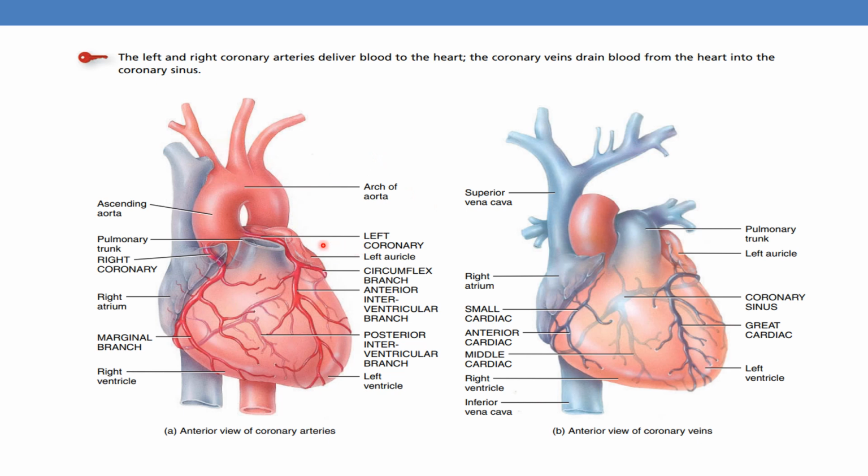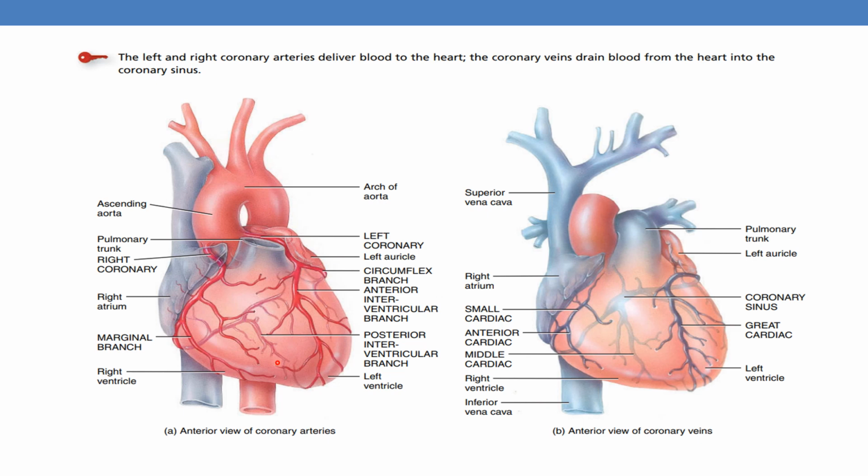Here you can see this is the left coronary artery, and this one is the right coronary artery. It is its marginal branch, and this one is the posterior interventricular branch, and this one is the anterior interventricular branch, and here you can see this is the circumflex branch.